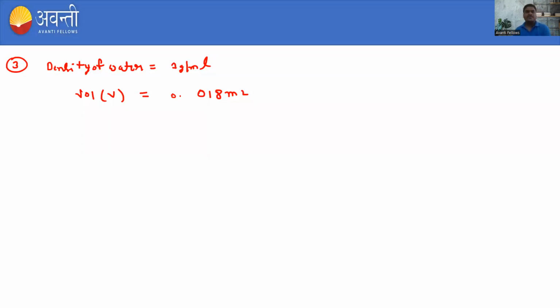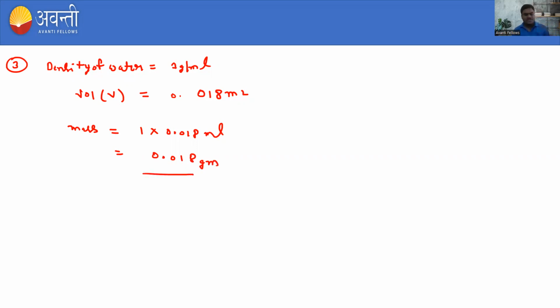Now if we know the volume and the density, then we can calculate the mass. So the mass comes out to be 1 into 0.018 ml, which is again the same, 0.018 gram. So this is the mass.